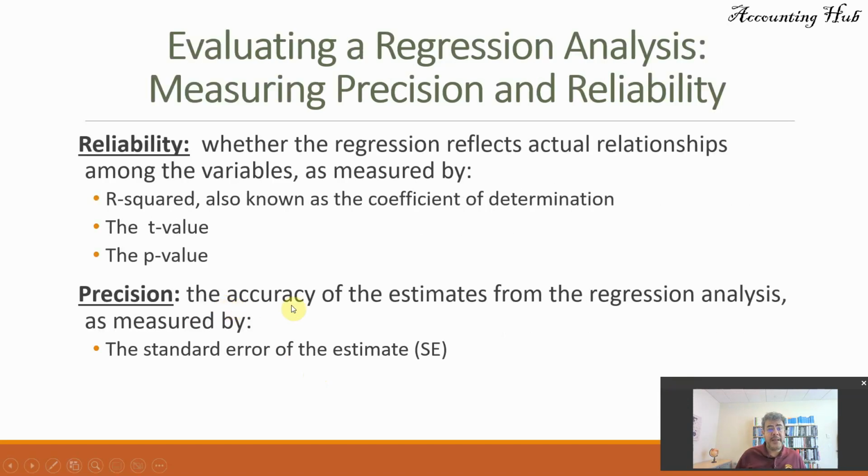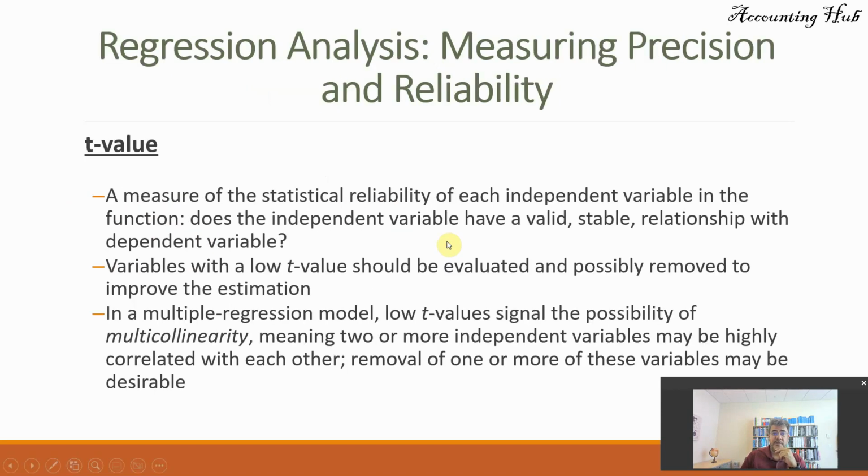So reliability: the R-square first, then the t-value and the p-value. R-square is for the model as a whole, p-value for each variable, and for precision, we have the standard error, or the SE. The t-value is how good our variable is.